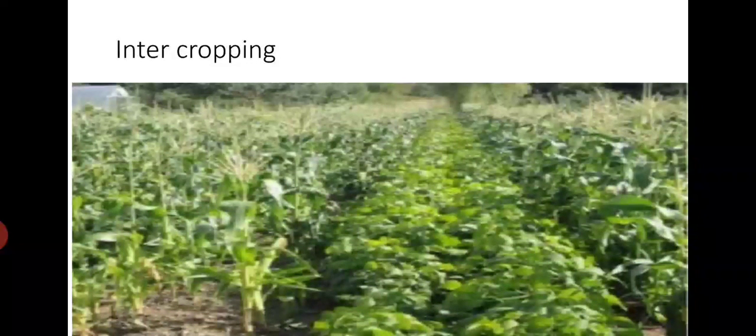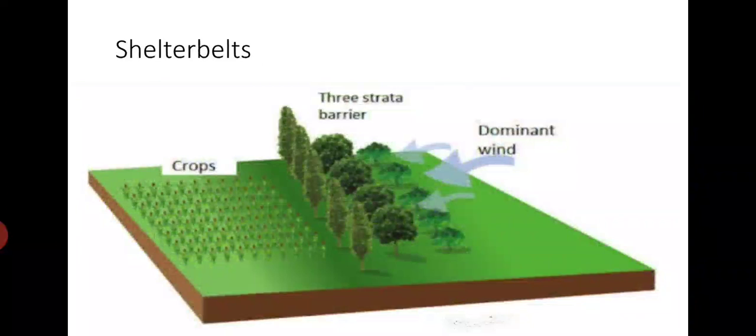Intercropping. In this type of cropping, we grow more than one crop in an agricultural field, which we can harvest one after another. It also helps in conserving the soil. Now, shelter belts.